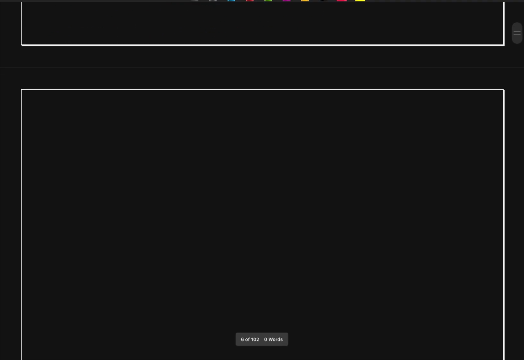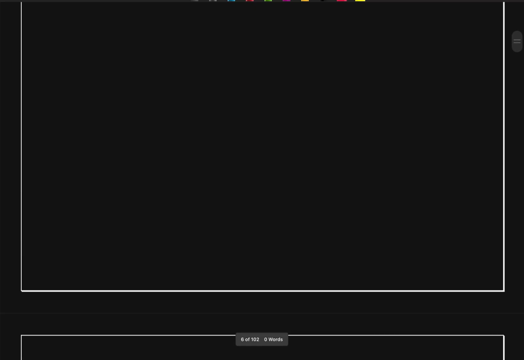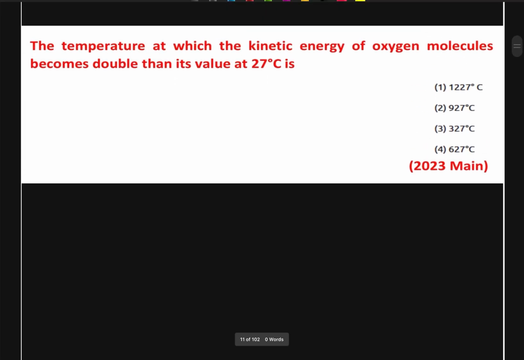Next question. It states that the temperature at which the kinetic energy of oxygen molecules becomes double its value at 27 degrees centigrade is. So the kinetic energy becomes double of that at the initial temperature, that is 27 degree centigrade.